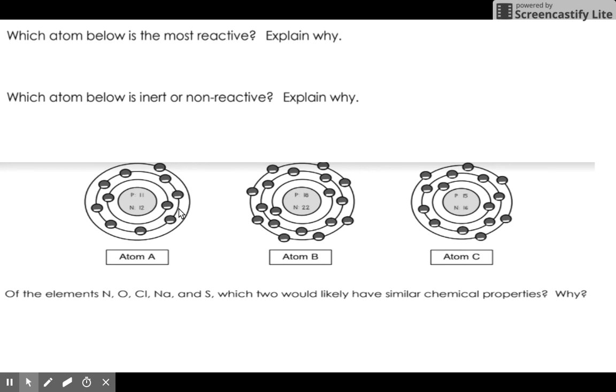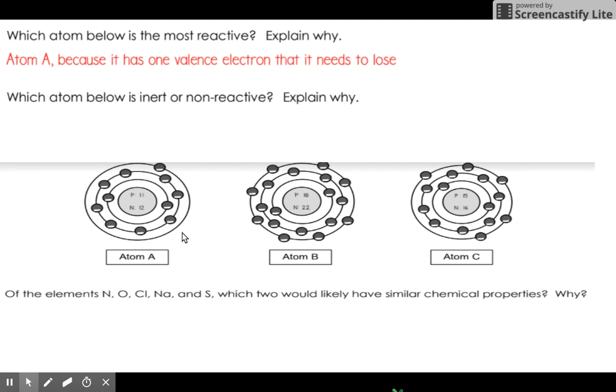So let's look at each one, and we're looking for the element with the least amount of valence electrons. You should have chosen atom A. Atom A is the most reactive because it has 1 valence electron that it needs to lose. So it wants to give that away.